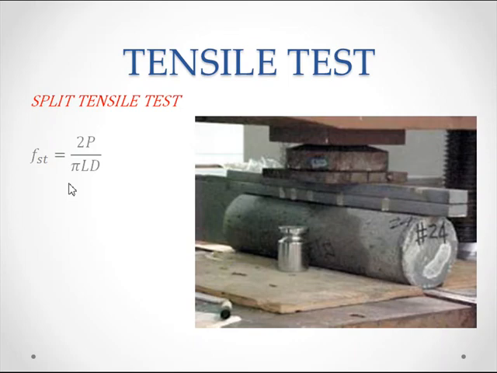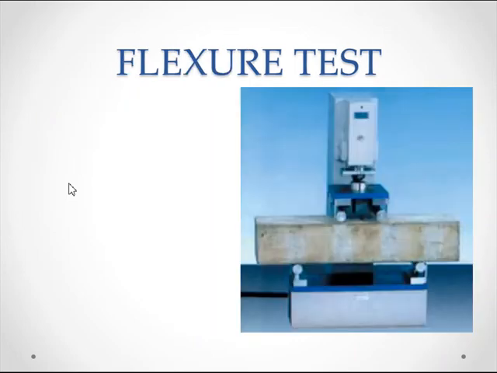Next, we shall move on to flexural test. Flexural strength of concrete is an indirect method of calculating tensile strength of concrete. The dimensions of the beam are of two kinds.